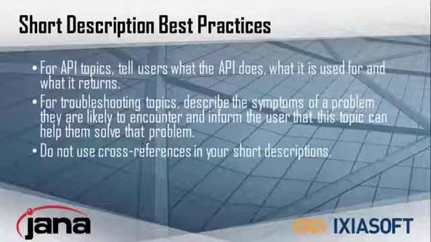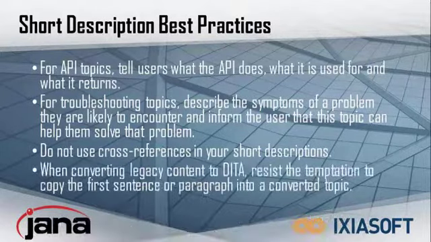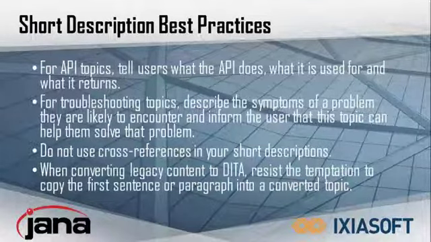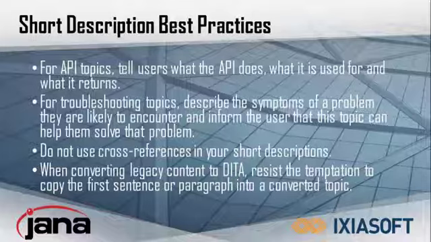Bad. Don't do that. Bad. And when converting legacy documents to DITA, you want to resist the temptation to simply copy the first sentence or paragraph and move that into a short description tag. You want to review it and rewrite a good short description.